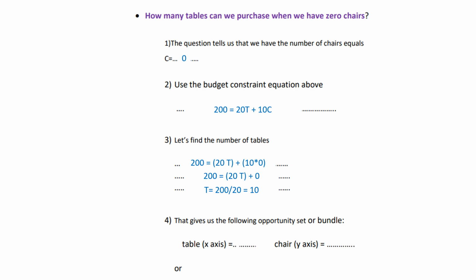And placing those values on our diagram will give us table, which is on x-axis, equal 10, and chair, which is on our y-axis, equals 0. So that gives us the bundle D with x equal 10, y equal 0.